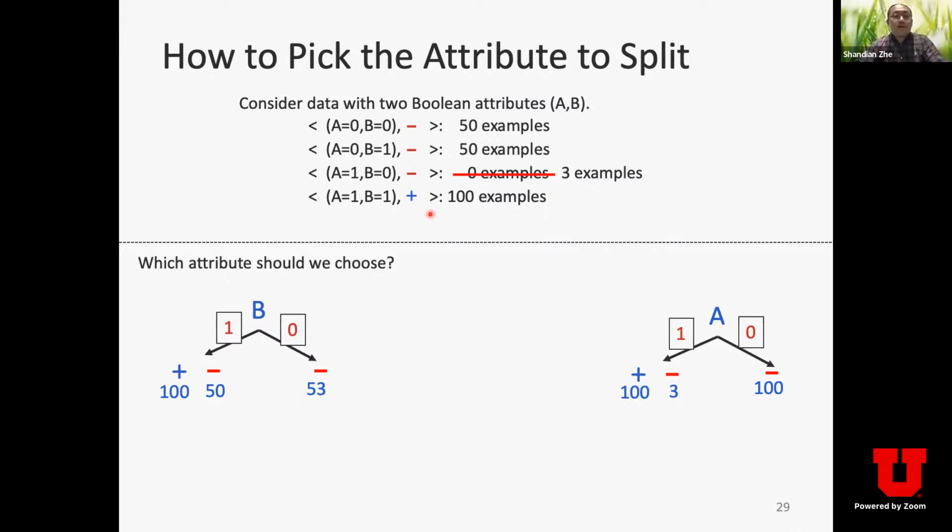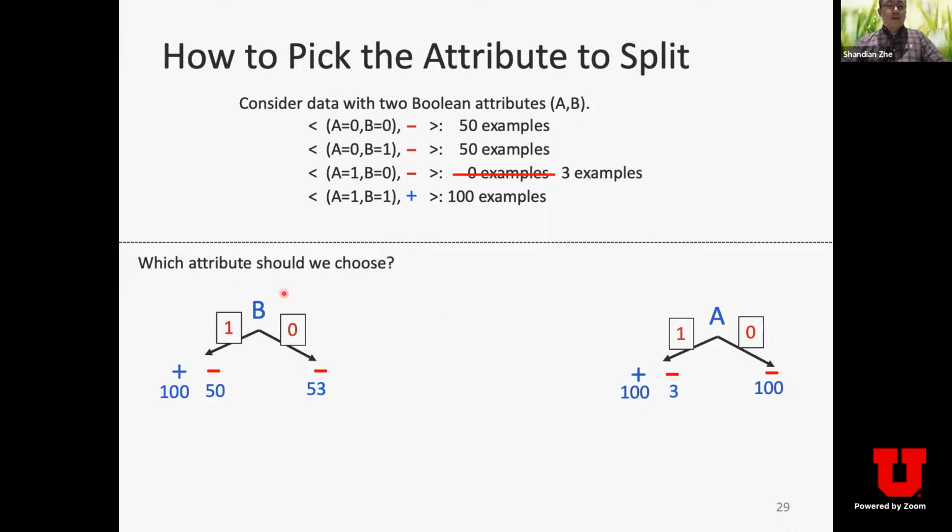If we use A to split on the data set, for A is 0 it's still 100 negative examples, which are uniquely labeled as negative. However, when A takes 1, we now have mixed labels: 100 positive examples and 3 negative examples. For comparison, let us use B to split.